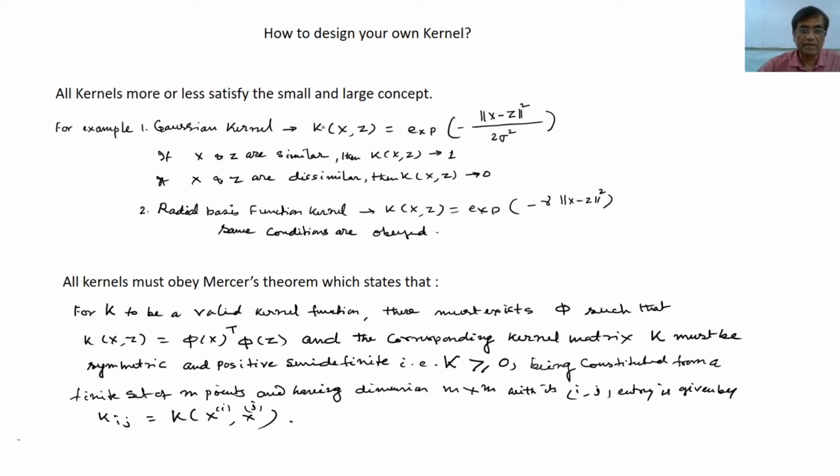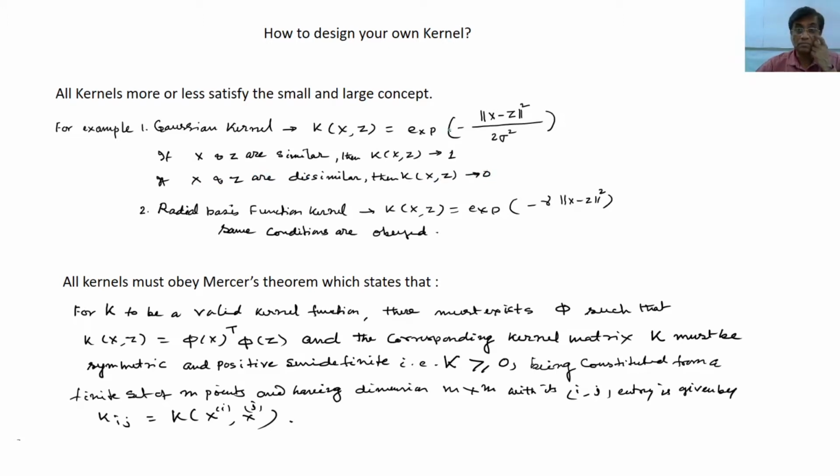anything cannot be a kernel function. Say Gaussian kernel. This is the definition of Gaussian kernel. As I told earlier, if x and z are similar, then that kernel function should tend towards 1. Similar means the exponent tends towards 0, and e to the power 0 tends towards 1. And if x and z are dissimilar, then this should tend towards 0.